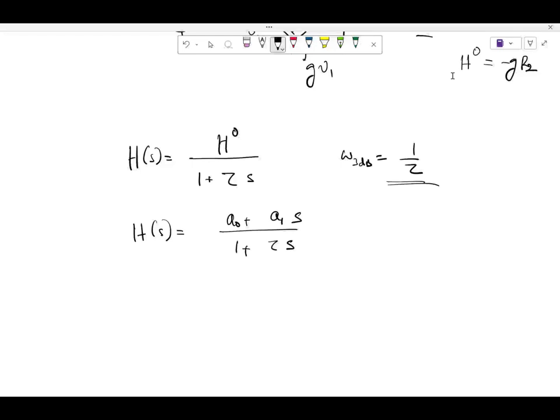So I can basically say this is equal to, I find out the zero. So how do I get the zero? I say A0 times (1 plus A1 by A naught S) by (1 plus tau S).